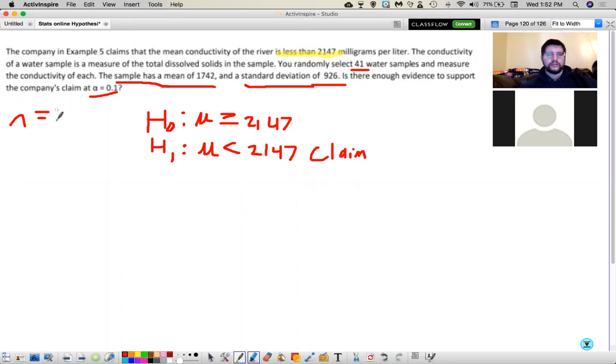N is 41. X bar is 1742. S is 926. And an alpha value of 0.01 is what we're looking at.